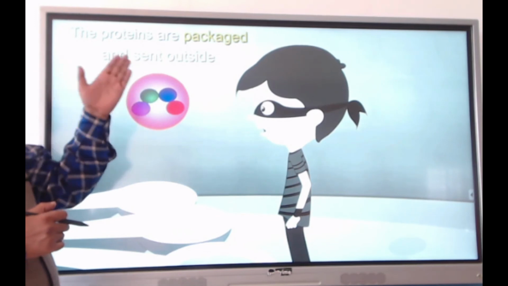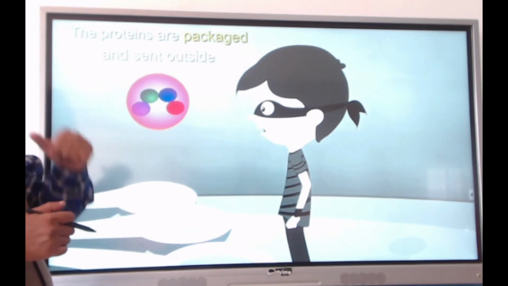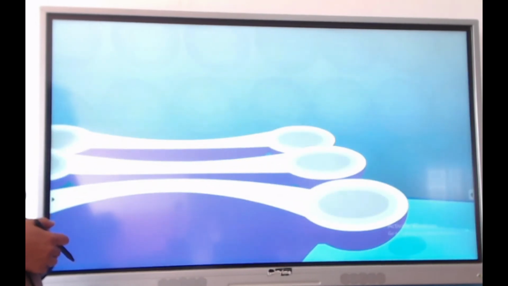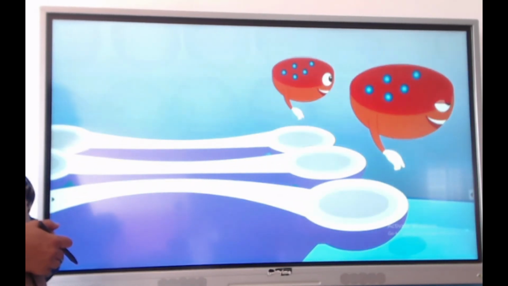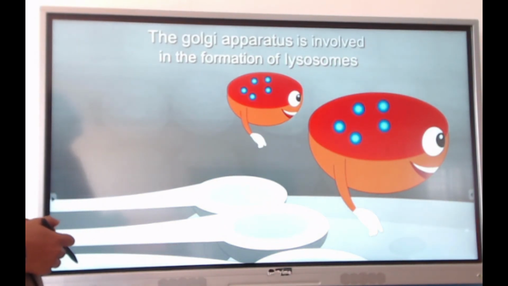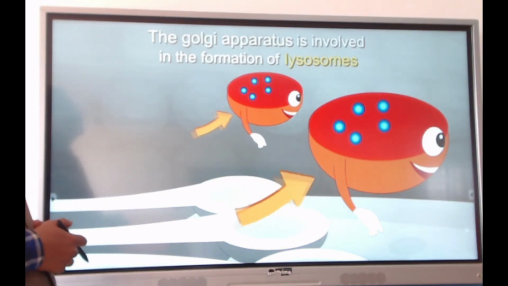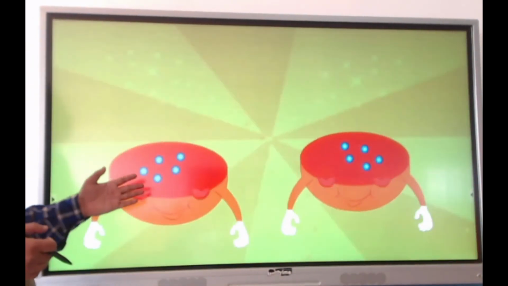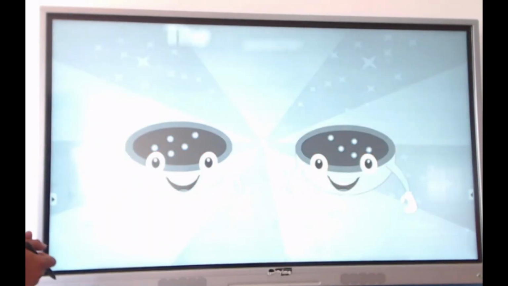The proteins are packaged and sent outside. Now see, the Golgi apparatus is involved in the formation of lysosomes. The lysosomes are produced by the Golgi apparatus.